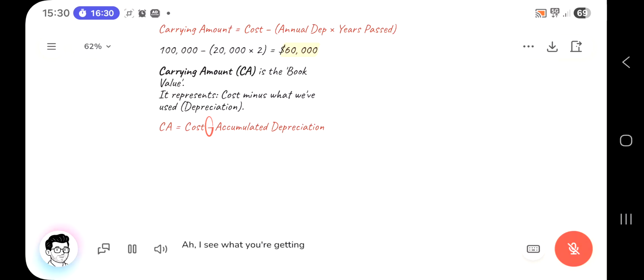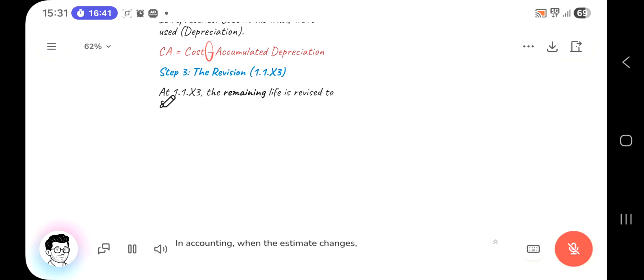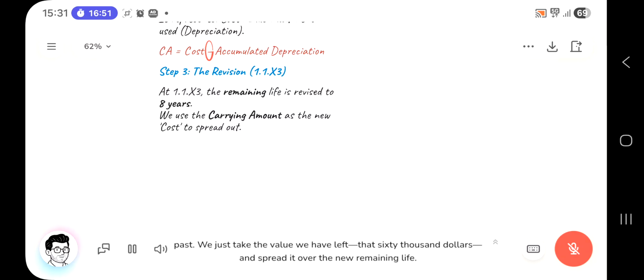I see what you're getting at. You're looking at that jump from the original 5 years to the new 8 years, right? In accounting, when the estimate changes, we don't go back and fix the past. We just take the value we have left, that's $60,000, and spread it over the new remaining life.